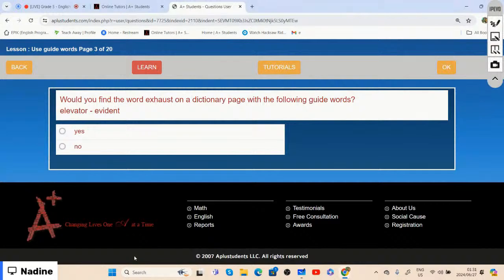All right. Would we find the word exhaust on a dictionary page with the following guide words? Elevator and evident.